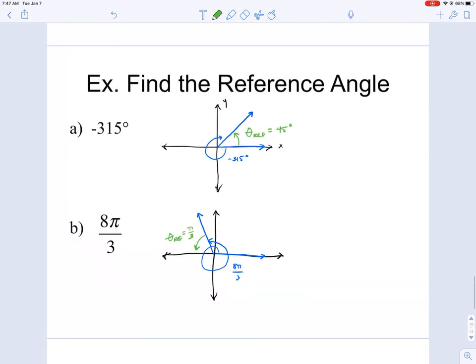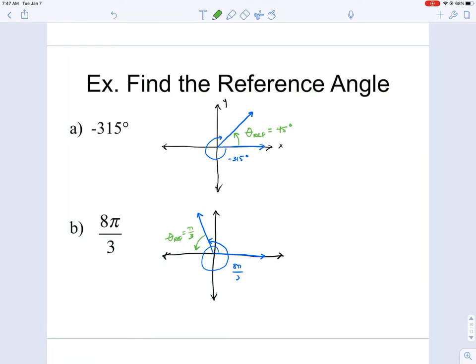Now, reference angles can help you with evaluating the trig functions. It's just you need to be careful. You have to take into account what the sign is. So remember, all students take calculus.